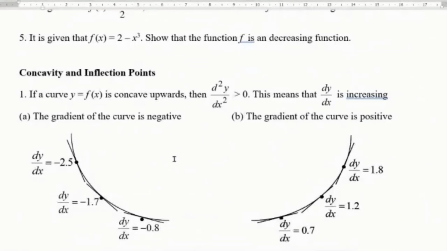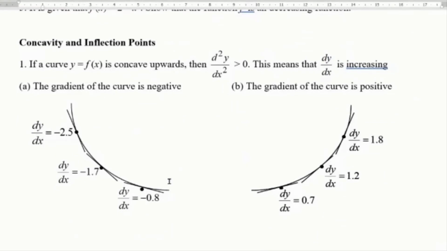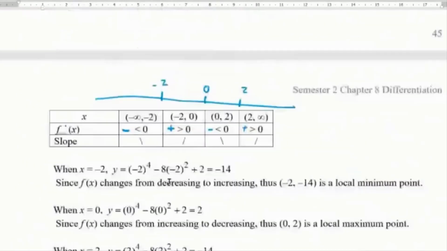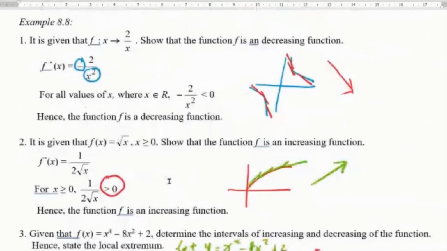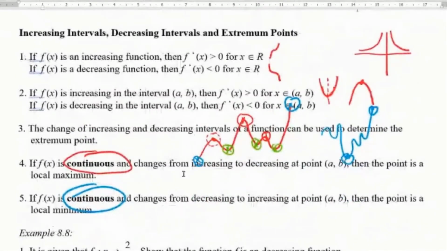Concavity and inflection point. Okay. When you study increasing, decreasing, its main objective is to help you identify a maximum point or minimum point. That's why you study the increasing interval and decreasing interval.